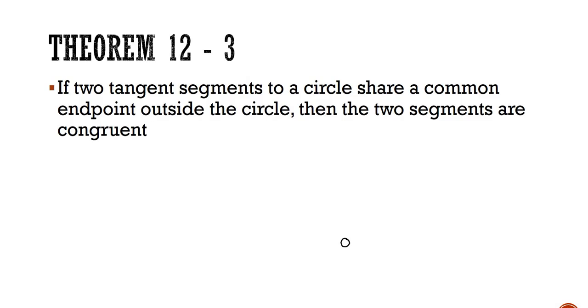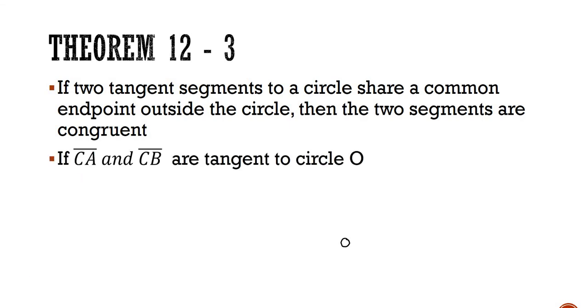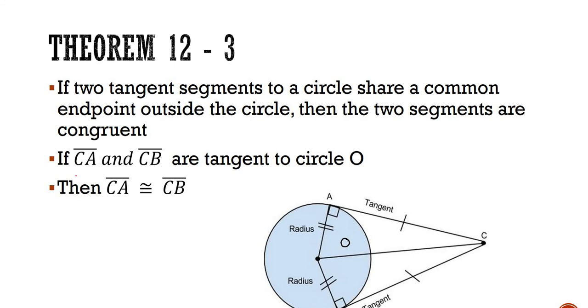So we have one more theorem, theorem 12.3, and it says if two tangent segments to a circle share a common endpoint outside the circle, then the two segments are congruent. So in our diagram, if CA and CB are both tangent to circle O, then CA is congruent to CB.